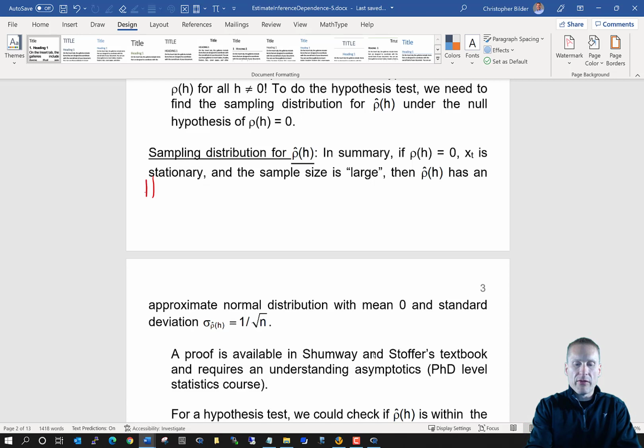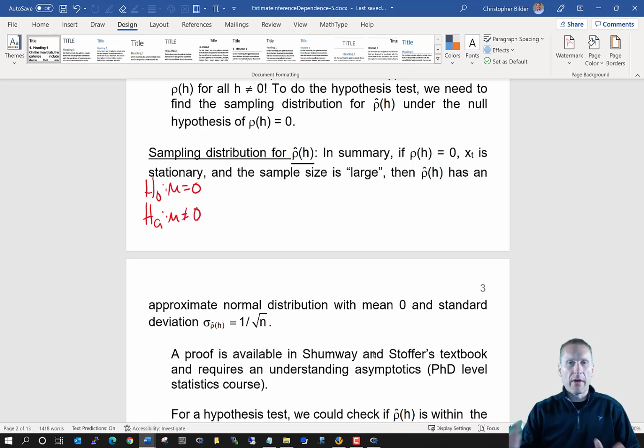In your very first stat course, you talked about how to do a hypothesis test for the population mean. Don't think of this as a time series. To make things simple here, let's assume that we're interested in whether the population mean is equal to 0 or not. There are a few different ways to go about doing this, but all of them concern your sample mean.